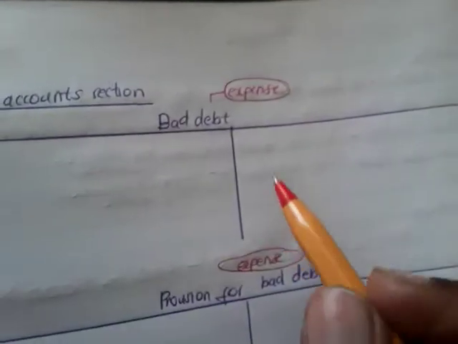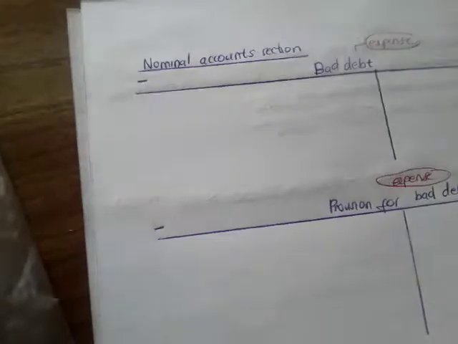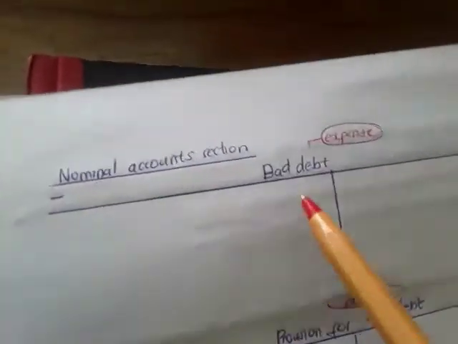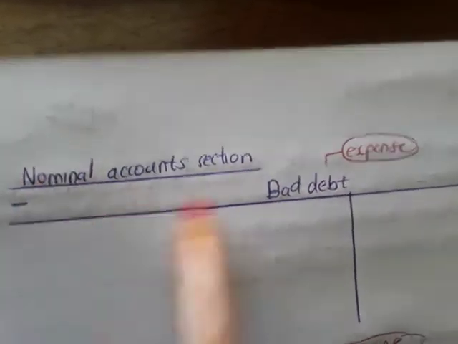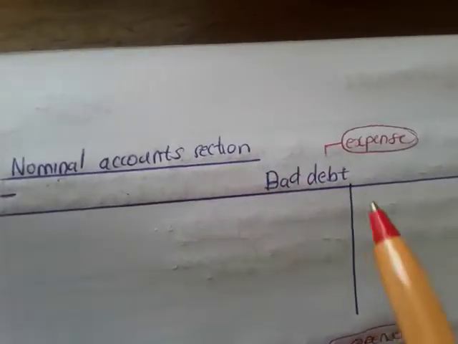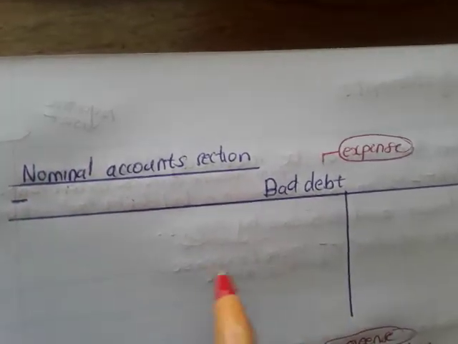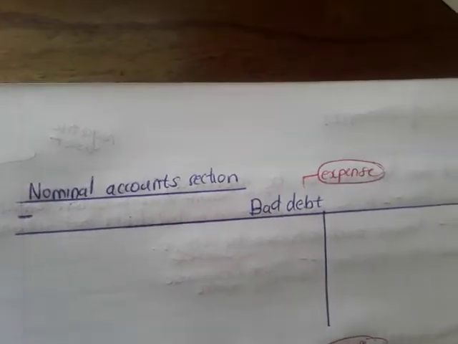let's first record the bad debt that we incurred, right? So since this is a negative asset, it means that you need to first record the total. Remember that this is not a balance sheet account. It is a nominal section account. We don't have balance, or rather amounts of last year.